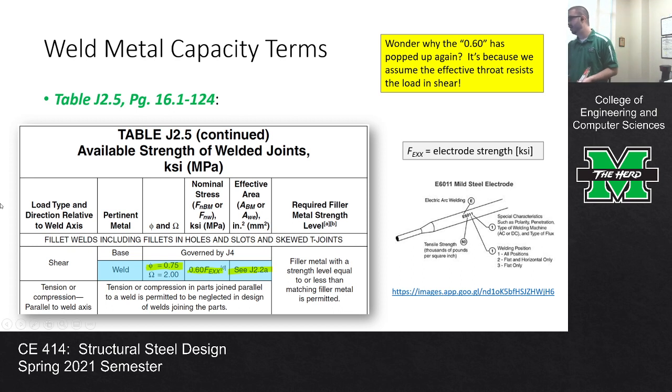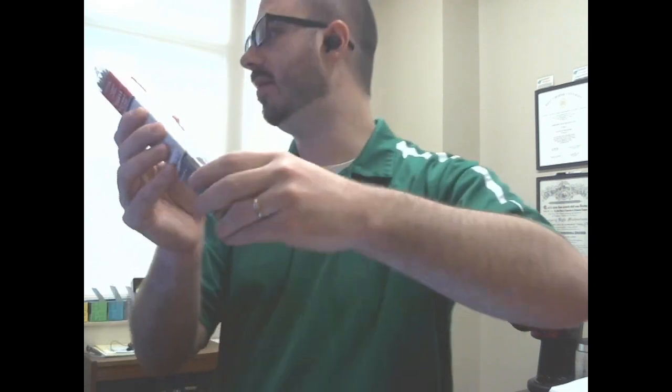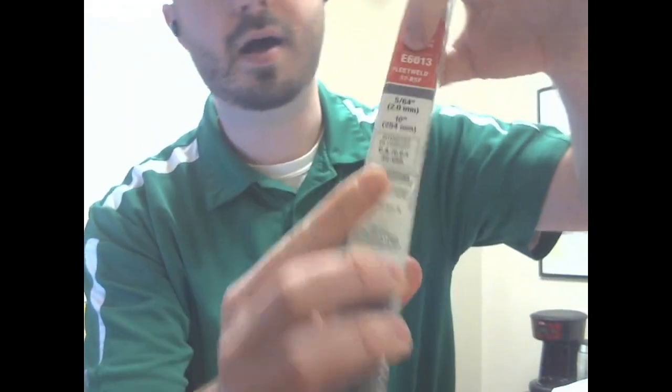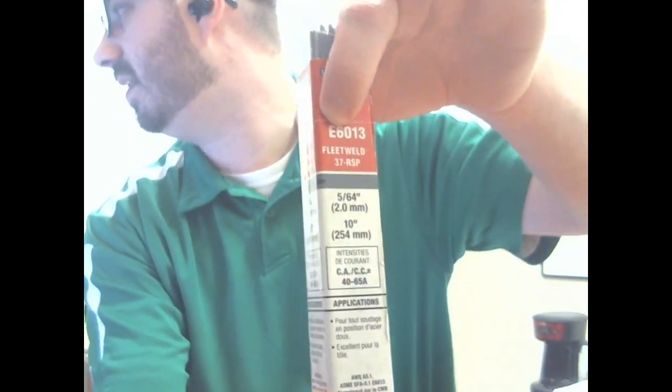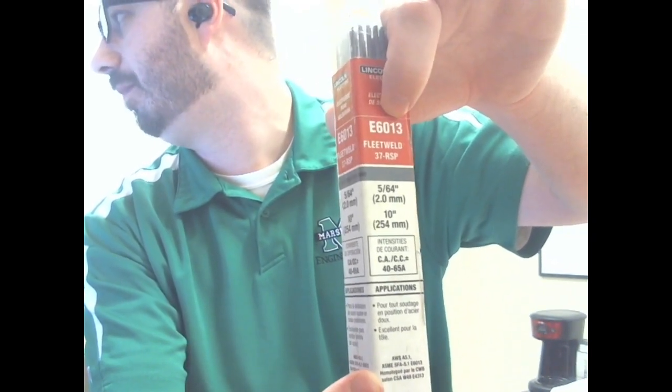I'm going to show you something, if you pull up my webcam on the bottom. Okay, so if you're looking at my webcam here, I have a box of Lincoln Electric electrodes, and I want to show you something right here. If you look here on the top, you'll see this number, this E6013. Does everybody see that?